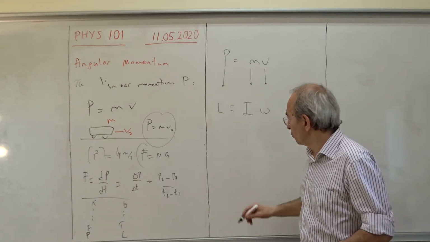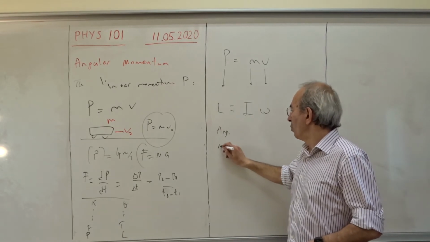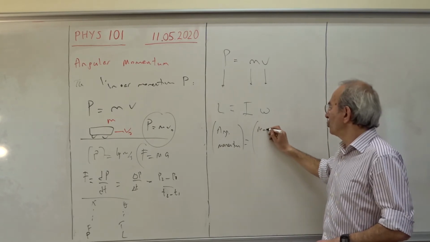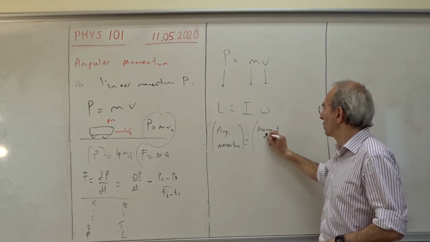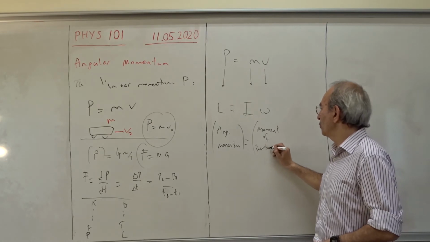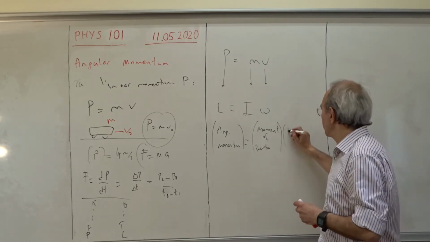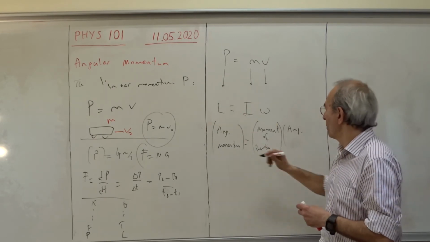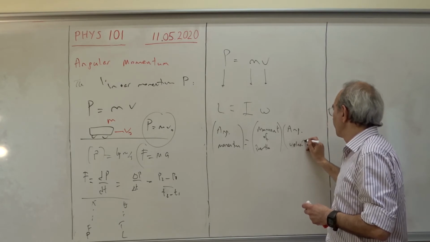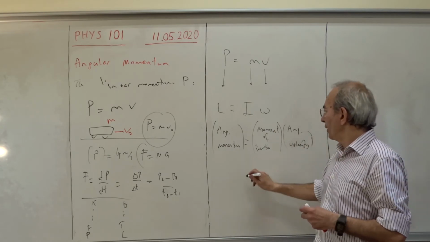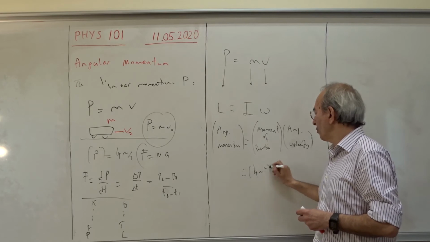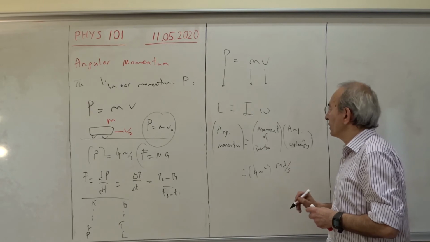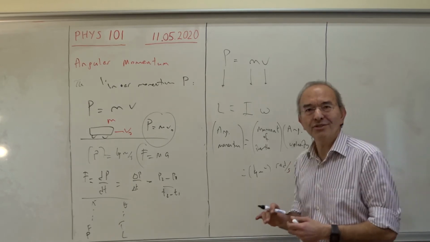Angular momentum, in other words, is just moment of inertia times angular velocity. The units are kilogram meter squared from this, and radians per second from this one, so again a whole combination of units.